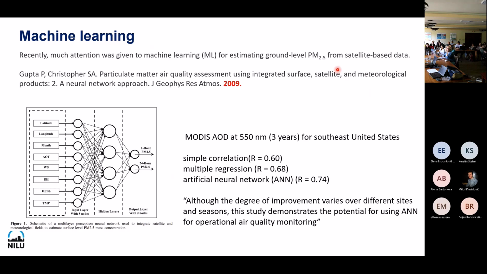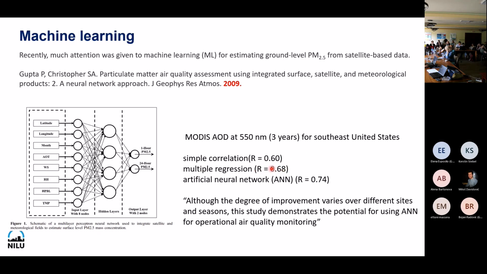Then the machine learning. I think this was one of the first papers where they used neural networks, and there are now maybe hundreds, I don't know, at least 40 or 50 papers out on machine learning and AOD. It's probably a good application because you can throw in all the variables which are needed, and they clearly see that with a simple correlation, you had a correlation coefficient of 0.6.